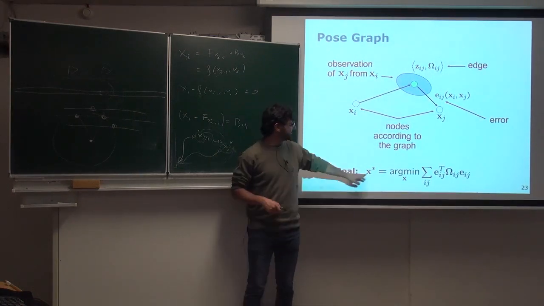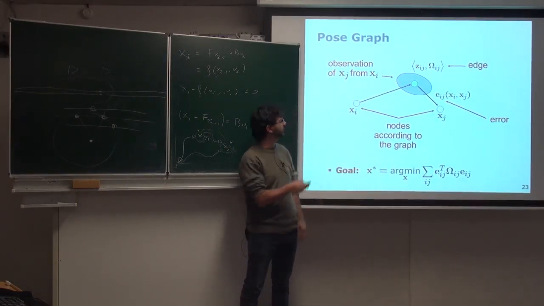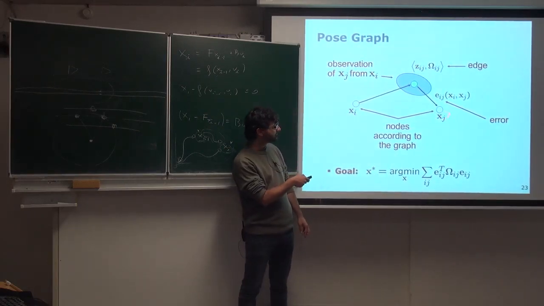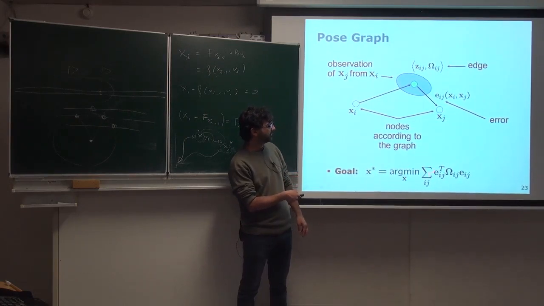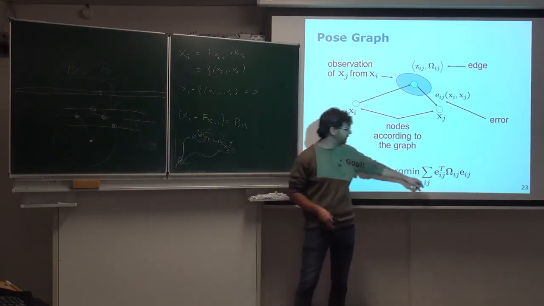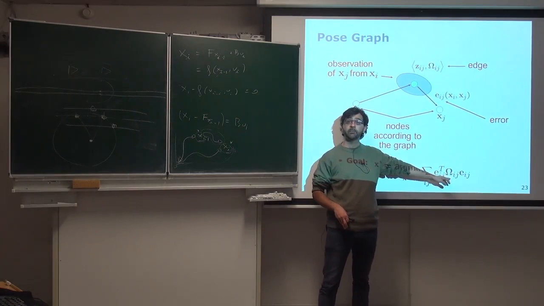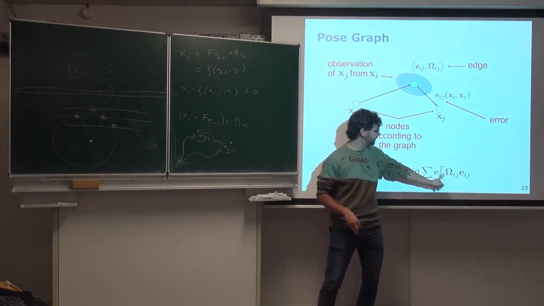And the goal is to find the configuration of x, so the optimal x, where each x is a pose of the robot, that minimizes this here. Okay? If you recall from least squares, what we have here is actually a weighted least squares problem. We have the error transpose the error.